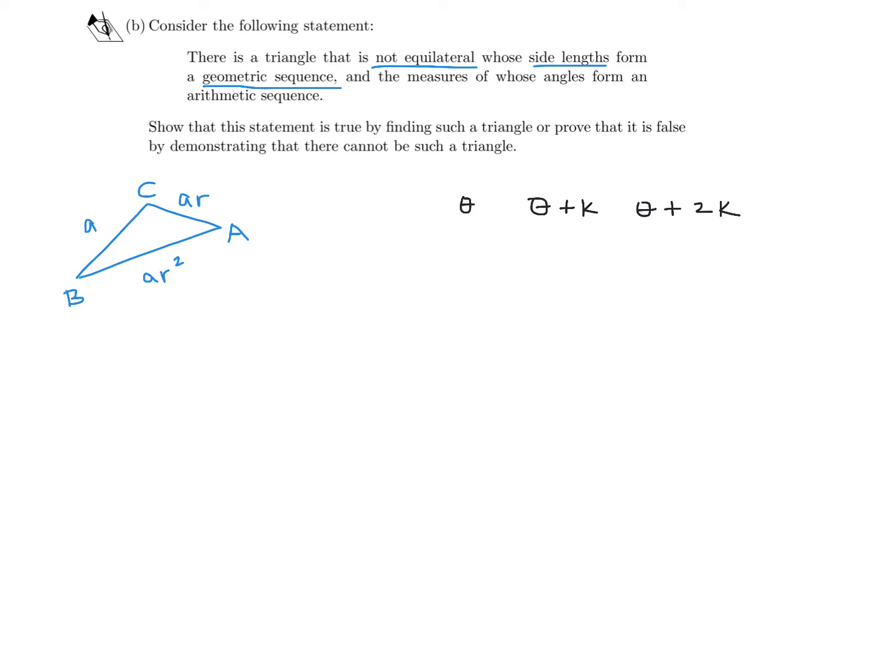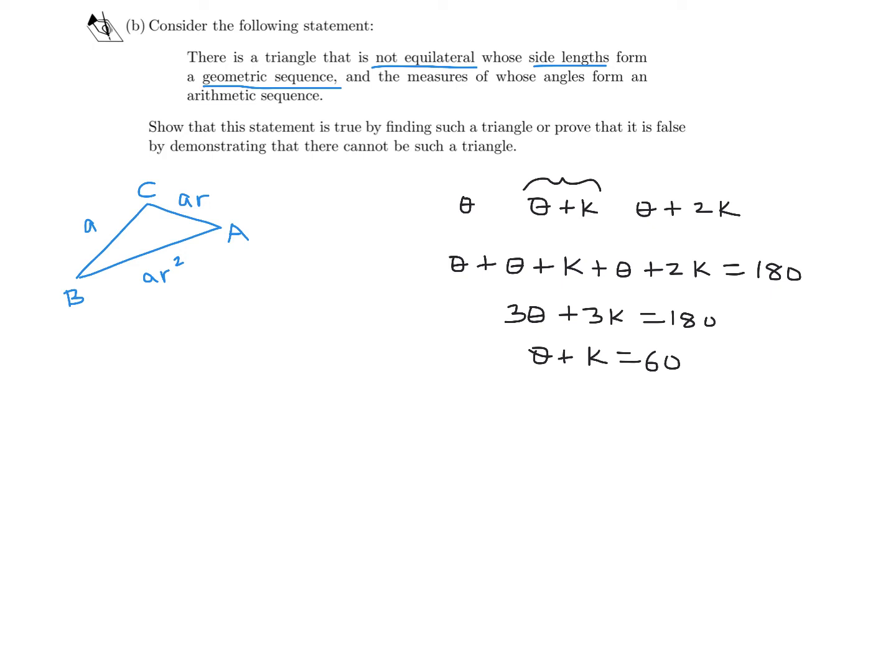Now we all know that if you add up all the angles of a triangle, they equal 180. So let's add them up and set it equal to 180. This means that 3 theta plus 3k is equal to 180, and therefore theta plus k is equal to 60. So the middle angle is 60. Great, we got a numerical value for one of the angles.